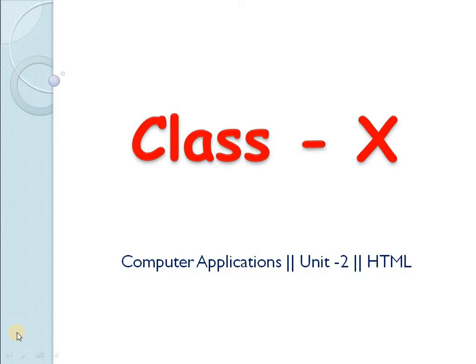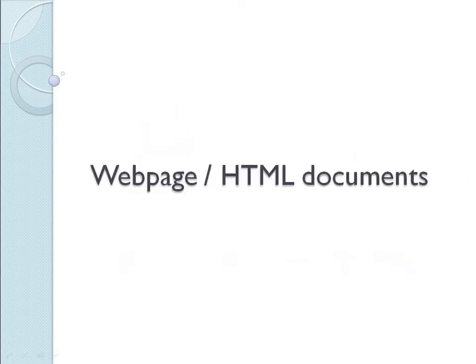Okay, in this video class we will discuss unit 2. Unit 1 is completed. So the first topic of this unit is web page or HTML documents. What is a web page?